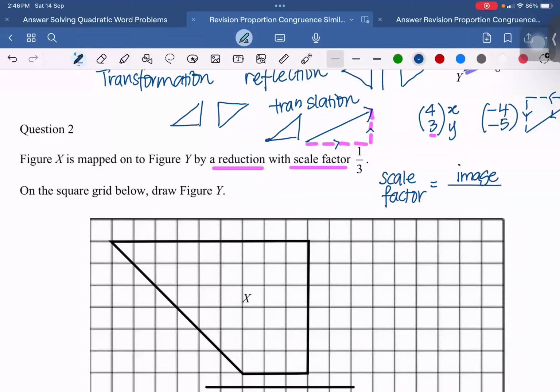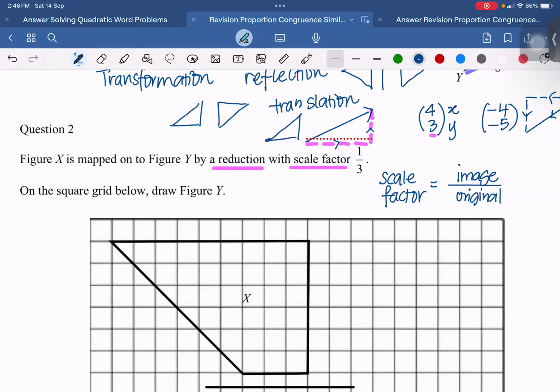Thank you. Okay. The image enlargement or reduction would need a scale factor. Scale factor is the length of the image divided by the length of the original. That means how many times did it become larger or how many times did it become smaller.